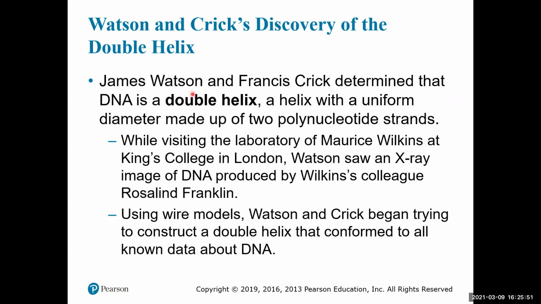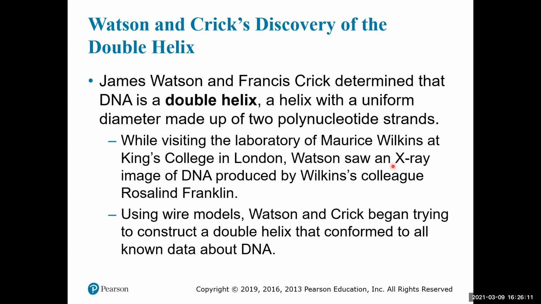And they came about this conclusion by visiting a laboratory of a researcher named Maurice Wilkins at King's College in London. And Watson basically saw an X-ray image produced by Wilkins' colleague, who was Rosalind Franklin.